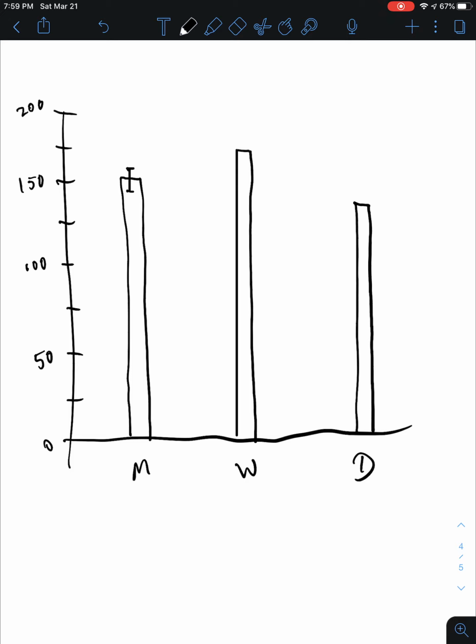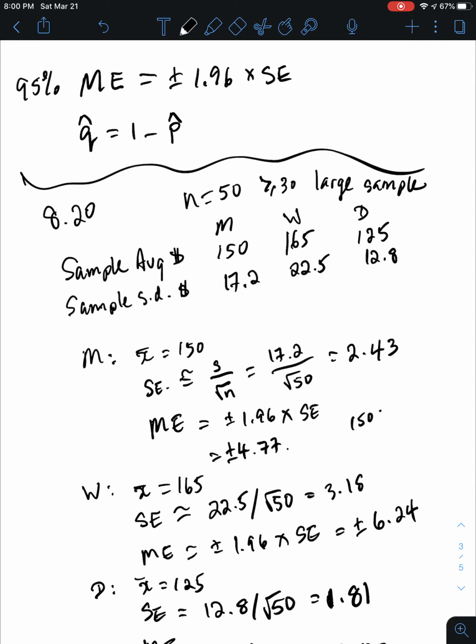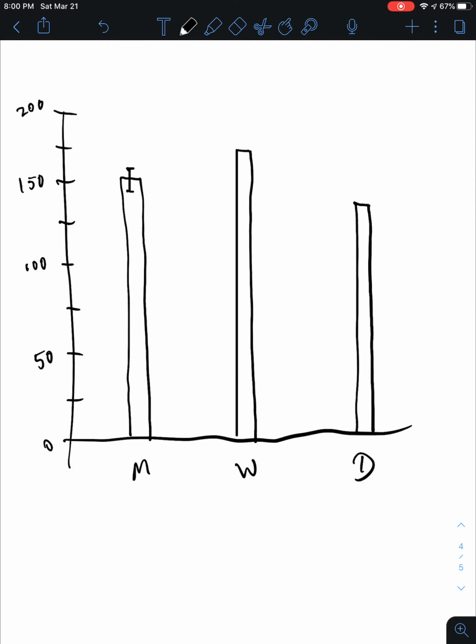And so the number could actually be in this range 150 plus 4.77 all the way down to 150 minus 4.77, and that is about 5. So it can be up to 155 or down to 145.